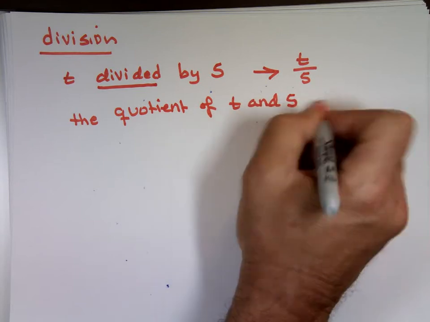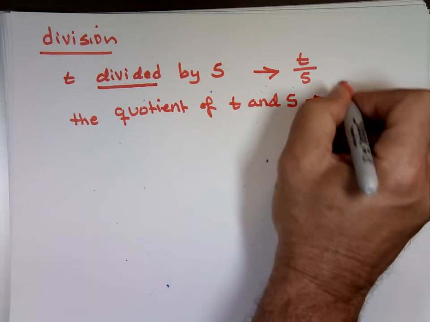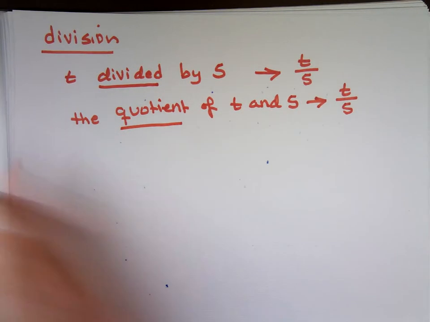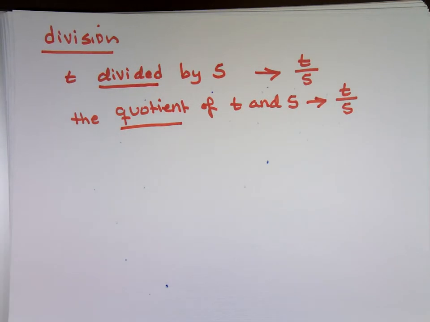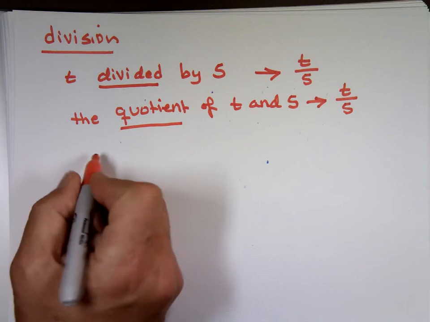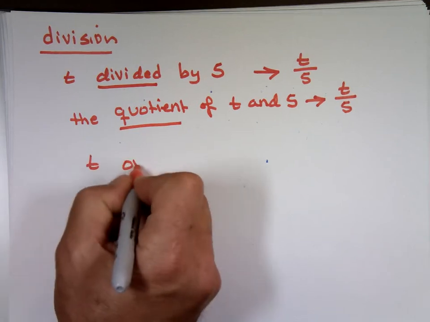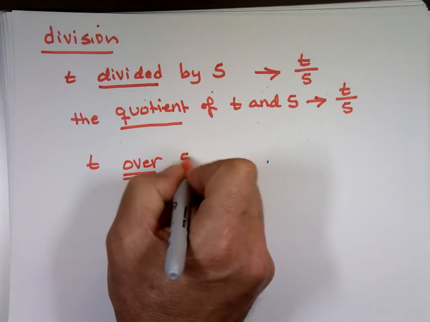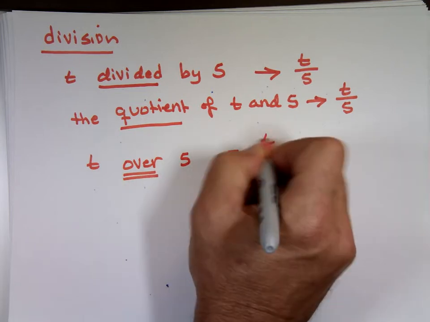Notice t is first, goes on the top. 5 is second, it's on the bottom. Quotient means a fraction, division, divide. Or I might say t over 5. T on the top, over, divide by 5.